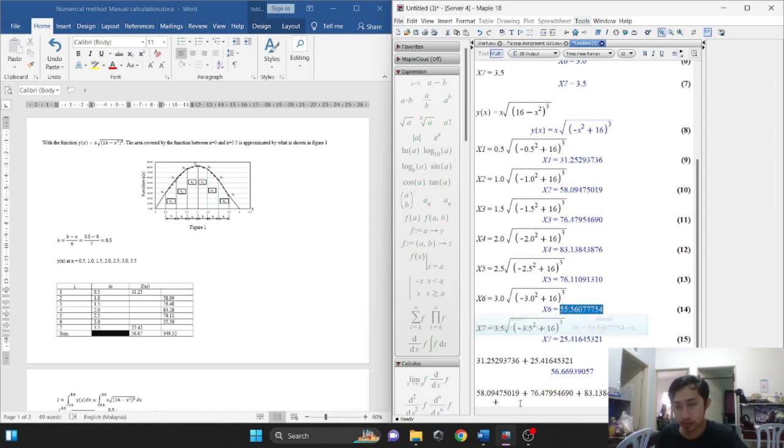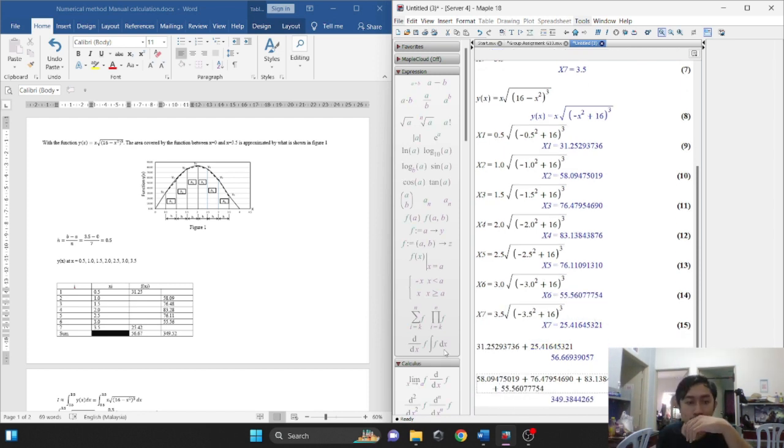Okay. Equal 349.38. So also same with the manual calculation. So in this table, we prove the answer is proven.